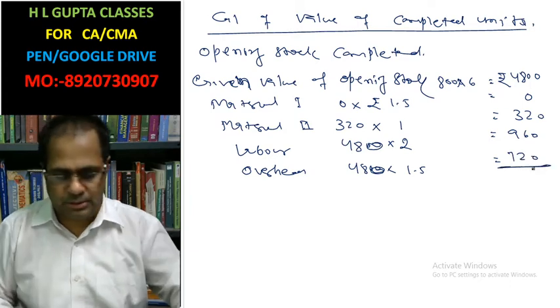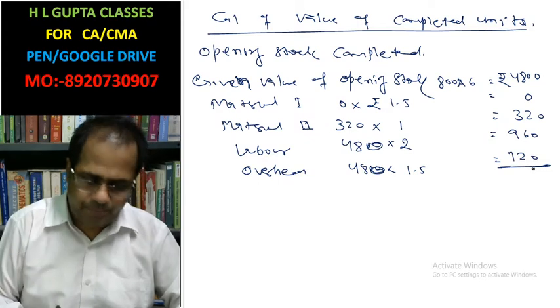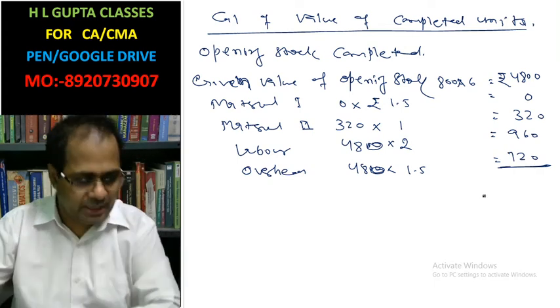This cost is 960 plus 320 plus 4,800. This is 6,800.